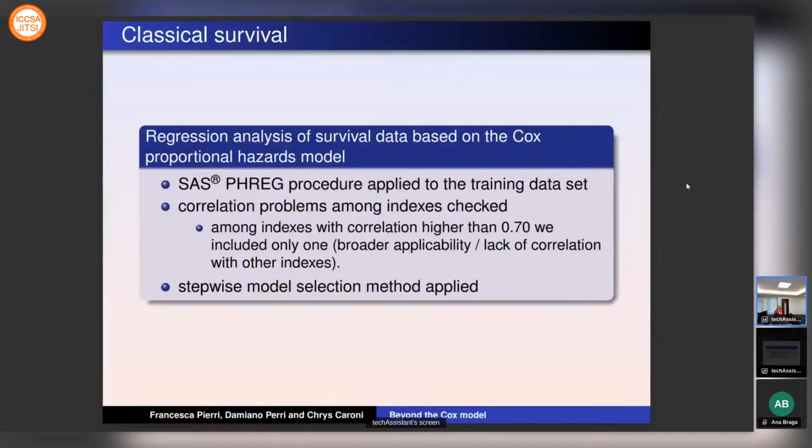And classical survival was performed with SAS PROC PHREG. First of all, I solved correlation problems among the indexes, and among indexes with correlation higher than 70%, I included only one of the indexes on the basis of the broader applicability and the lack of correlation with other indexes.